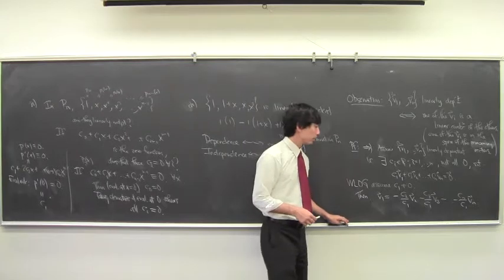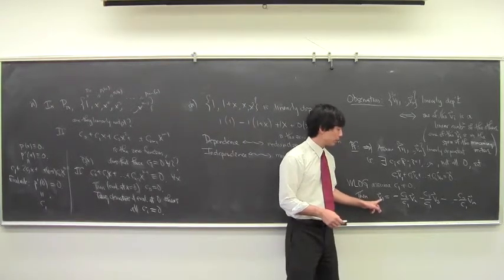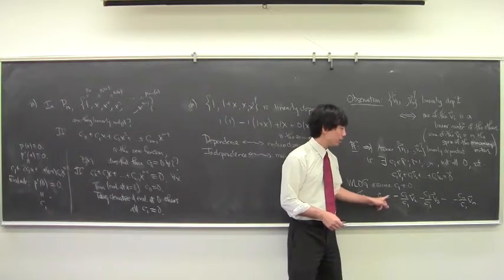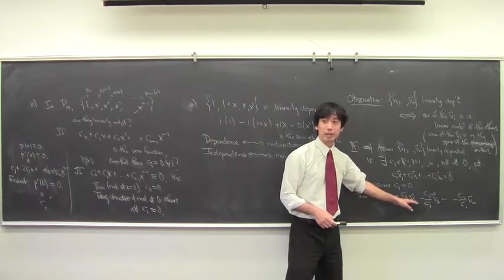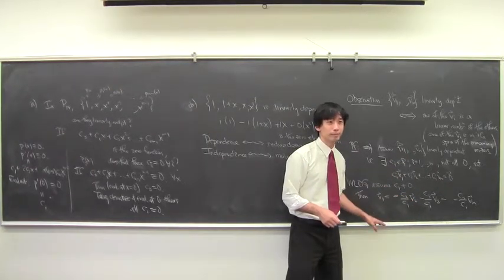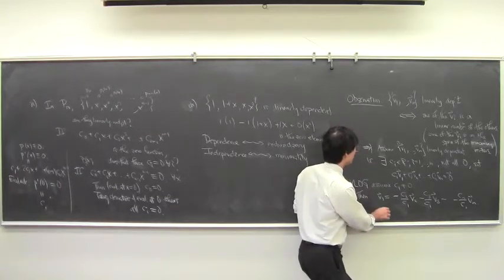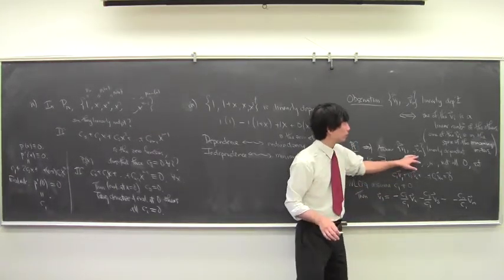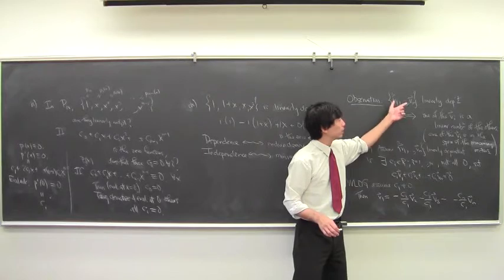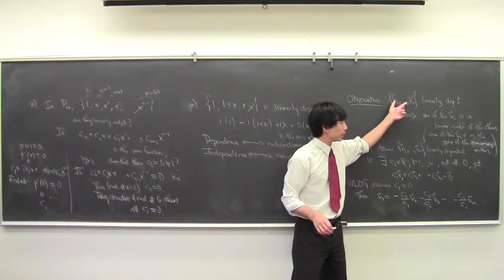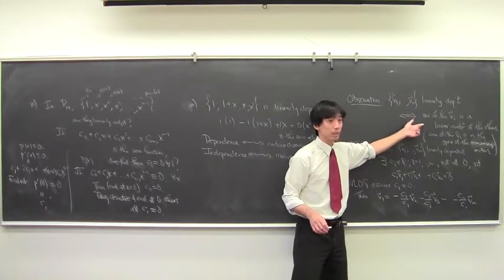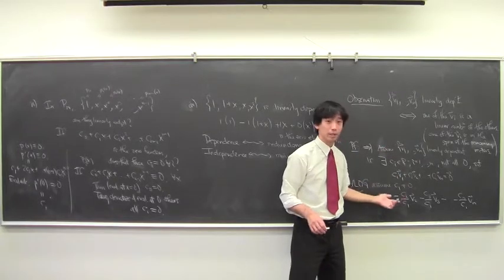In other words, what we see is that V1 is a linear combination of the other guys. So the forward direction is proven. If it's linearly dependent, then at least one of the Vi's is in the span of the others.